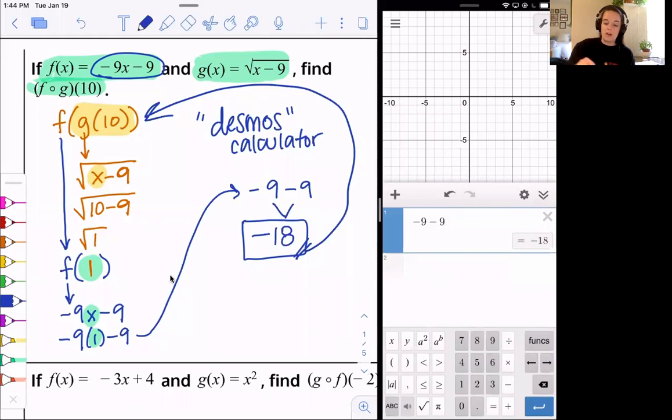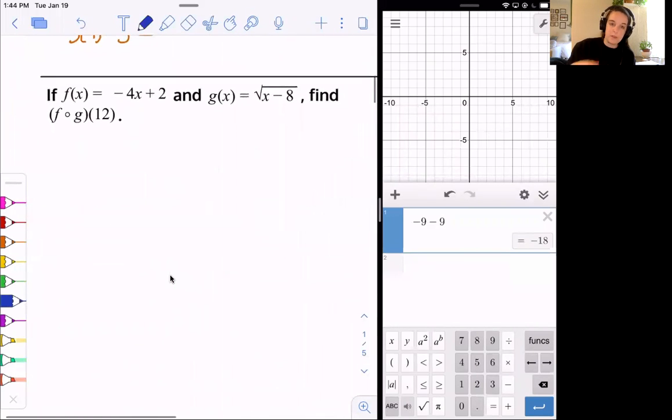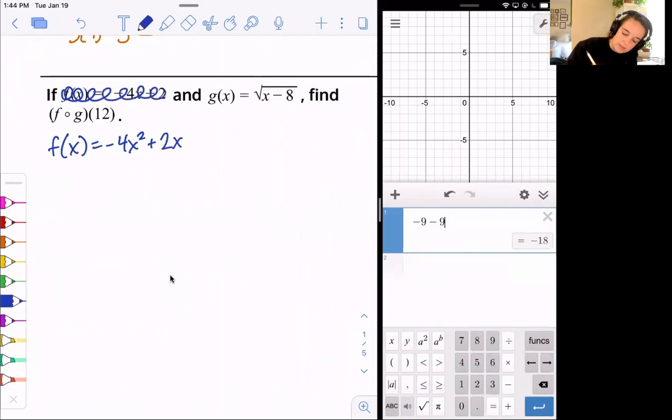Cool. All right, let's do another type of example. For this problem, we're going to change f of x. We're going to say f of x equals negative 4x squared plus 2x. So we're not going to use this one here, we're going to use this one.